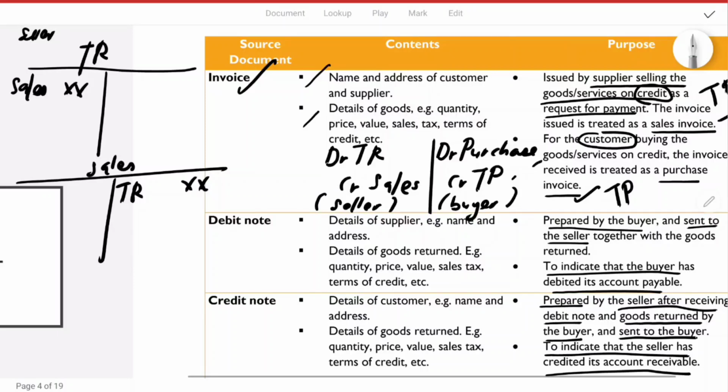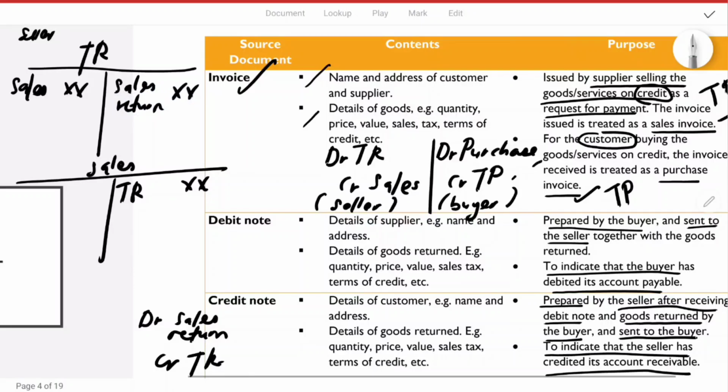When the seller receives the debit note and goods from the buyer, and after the seller has verified the item, they are going to prepare a credit note, and the journal entry to record the return from the customer is debit sales return and credit trade receivable. So we credit trade receivable here due to the sales return.